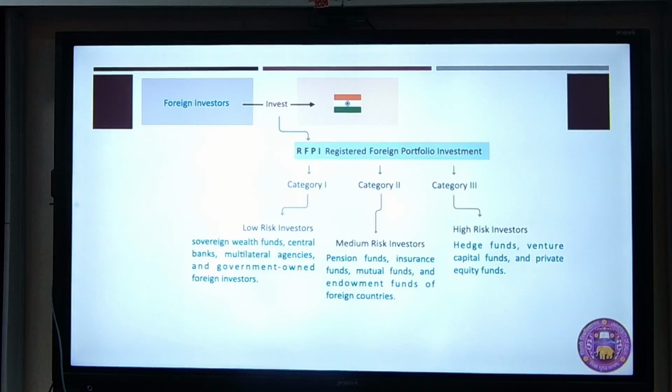Suppose they are getting a 20% return, they'll give you only 15%. The rest is because they have an expense ratio. The expense ratio is there for every mutual fund, around 1.5%, on the amount of funds that they're managing. So suppose you've given them 1 lakh rupees to manage, 1% would be around 1,000. Every year you will be paying them 1,000 rupees to manage your funds.